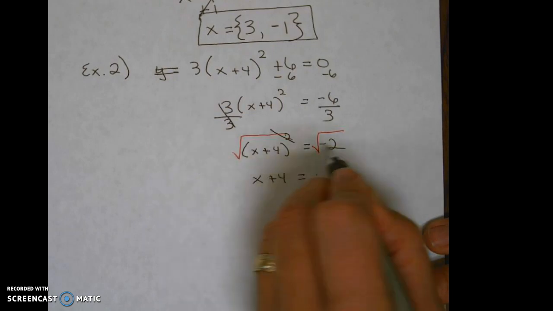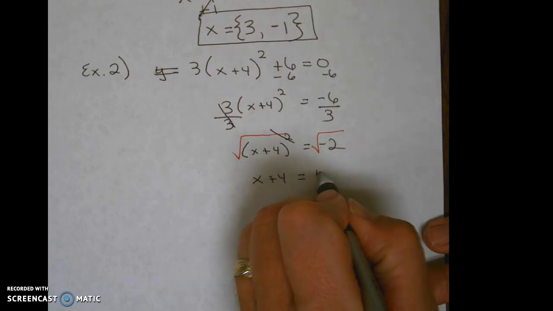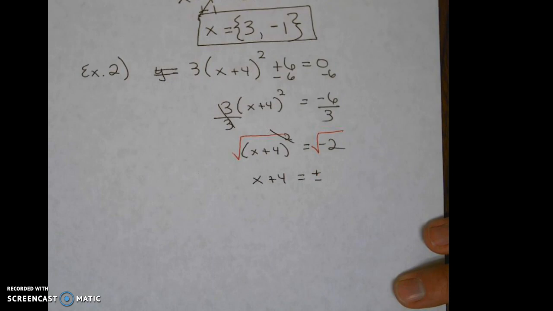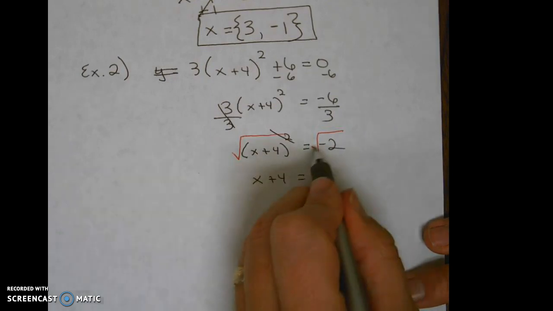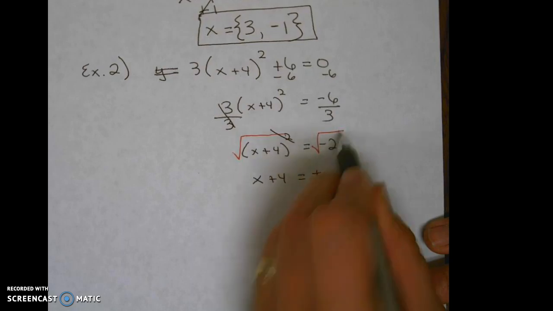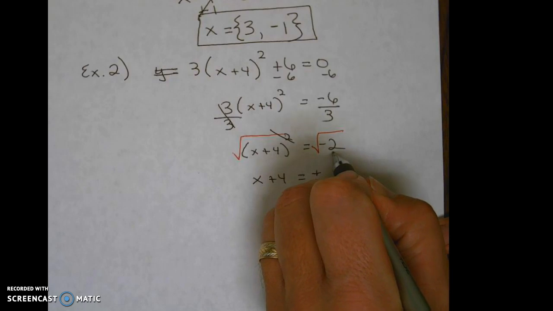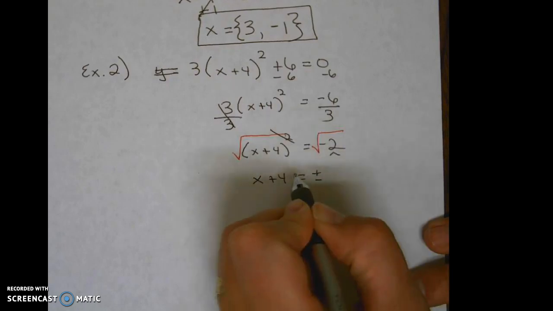Don't forget, even though we can't take the square root of negative 2, we still put the plus and the minus. Don't forget that. When you're solving an equation and you're square rooting something, you need the plus and the minus. I'm going to go ahead and simplify this.